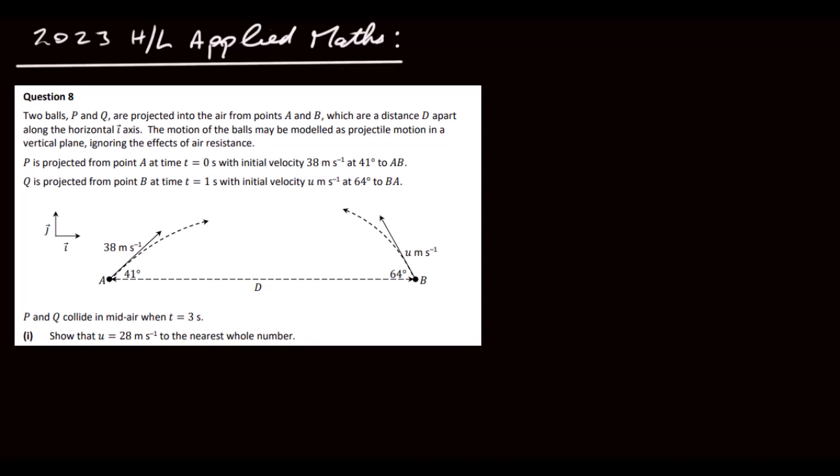Okay, so what we're going to do is look at the initial velocities of both of the spheres. If we look at P first, the initial velocity of P is going to be 38 cos 41 degrees in the I direction, because remember the velocity is 38 meters per second.